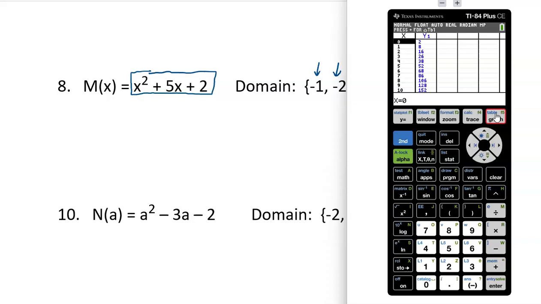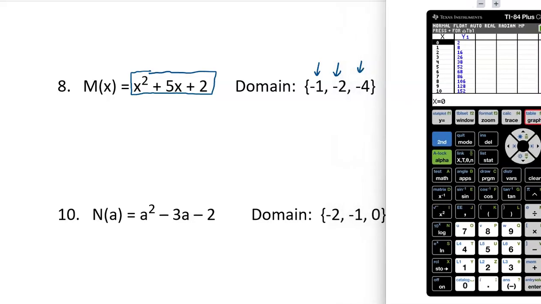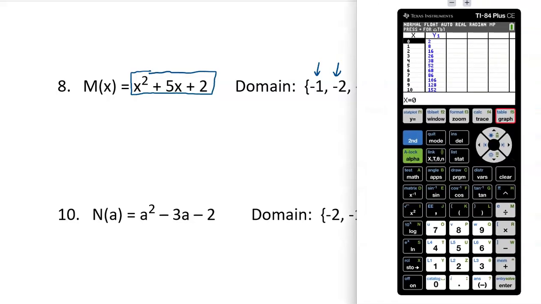Now on problem 8, our domain is -1, -2, and -4. Those are the x values. On the calculator, I don't have negative x values shown, but I can use the up cursor button to go backwards in the chart until I can see the numbers that I need to see. So now I have x equals -4 visible.